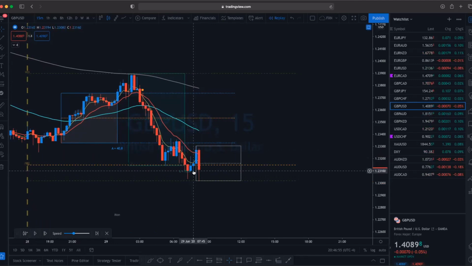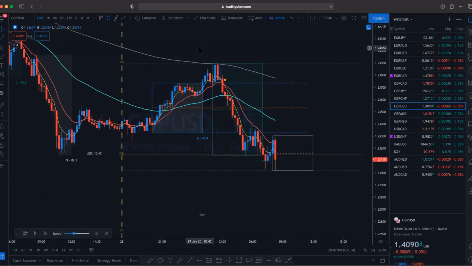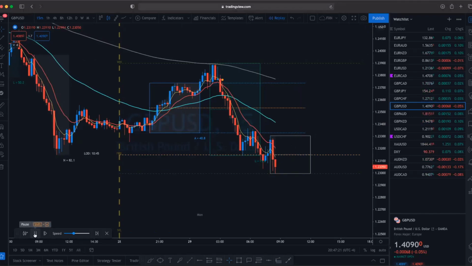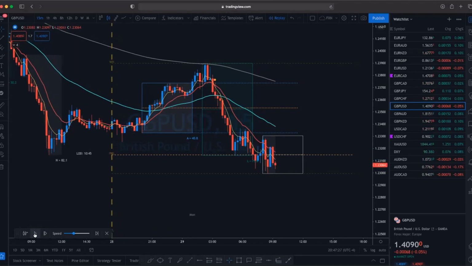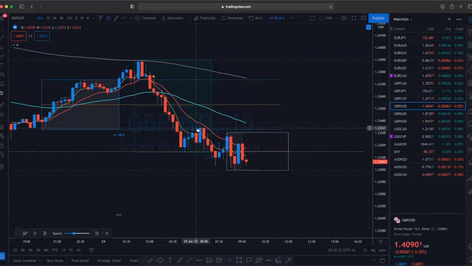See, like if they get past this, see if they break this right here. This is what I was talking about earlier with the behavior. That right there, if that's broken, they're going lower. If that's held, then they're going to reverse. Yeah, so the only possible thing that you could do here is look for a reversal, right?